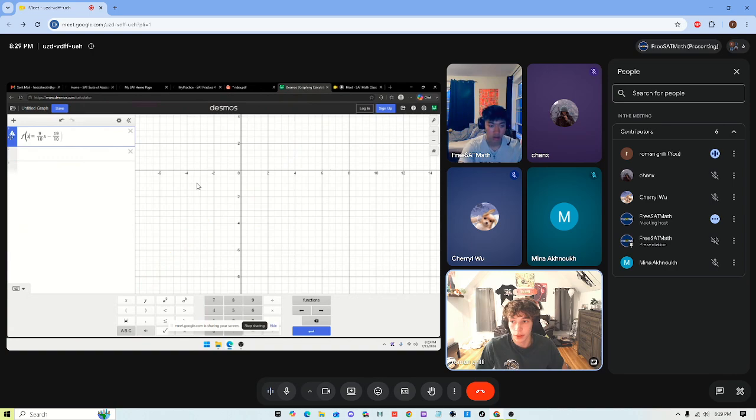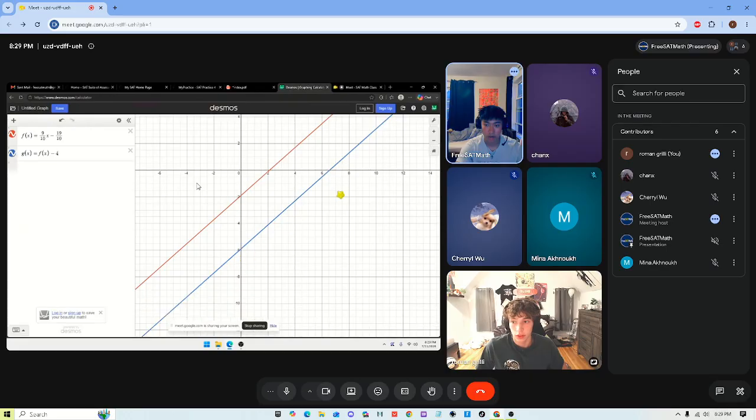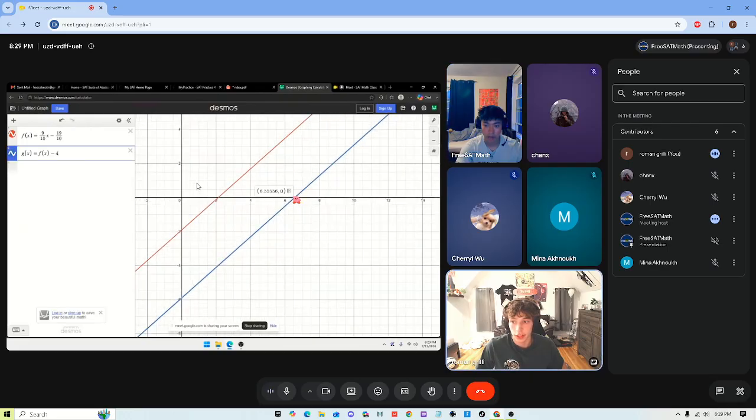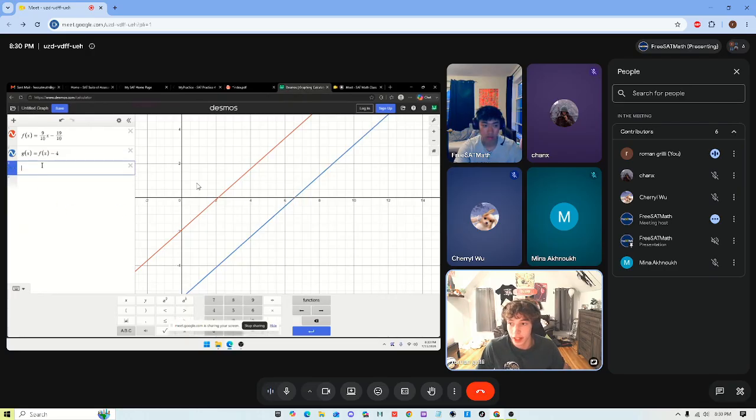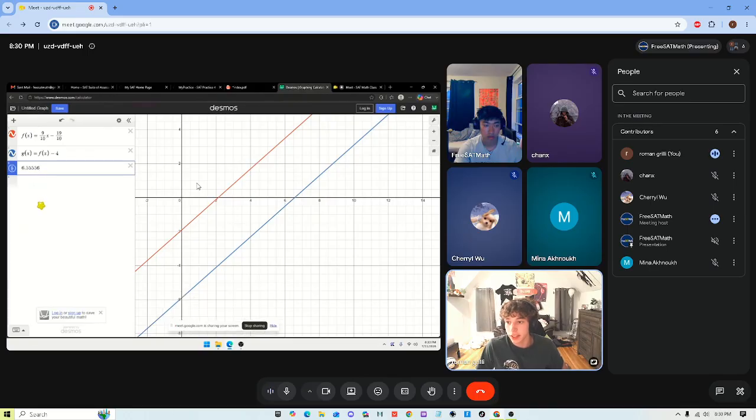So we can replace y with f of x, and then a little cool trick on Desmos, you can do translations like that. So that means we move it down 4. And then if you get a repeating decimal like this, put it into Desmos, put 6.5555, keep typing 5s, don't put the 6 at the end.